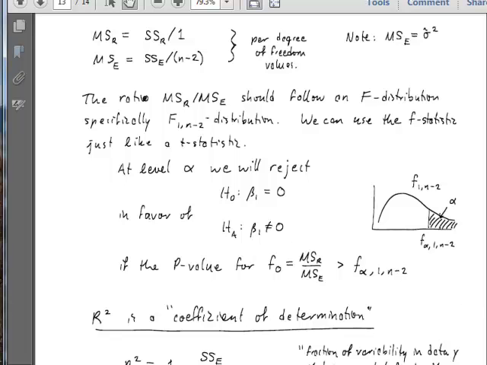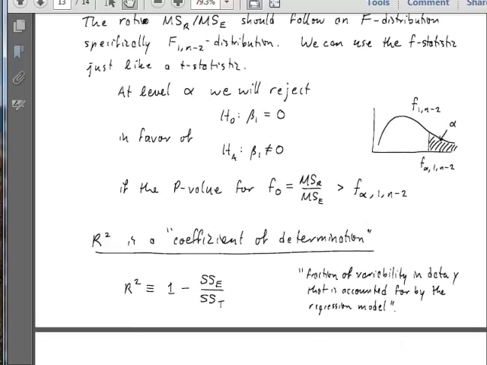Okay, so there is also a very simple thing that, for example, Excel will put on all of your charts, and that is this coefficient of determination, which is really the square of the correlation coefficient between these two variables. And we can define it in terms of things that we've been talking about now as r squared is equal to 1 minus the sum of the square errors over the sum of the total variance in the variable y, which literally means the fraction of the variability in the data y that is accounted for by the regression model, right?